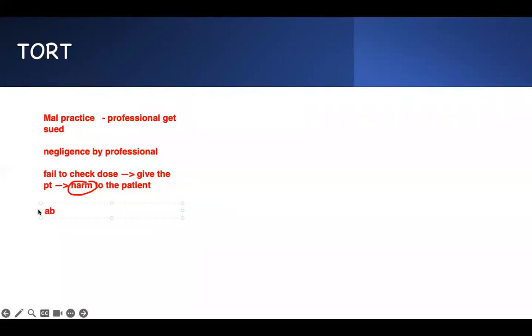There's a word also used here, abandonment. This can also be considered part of malpractice. You can get a malpractice claim for that. Basically, it's the desertion of the client.